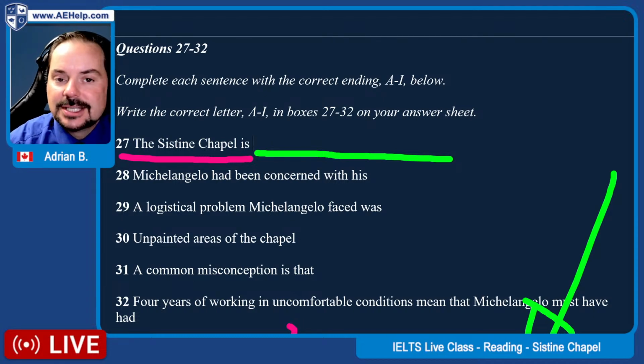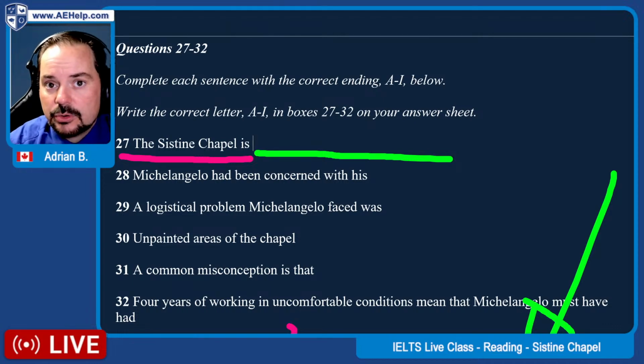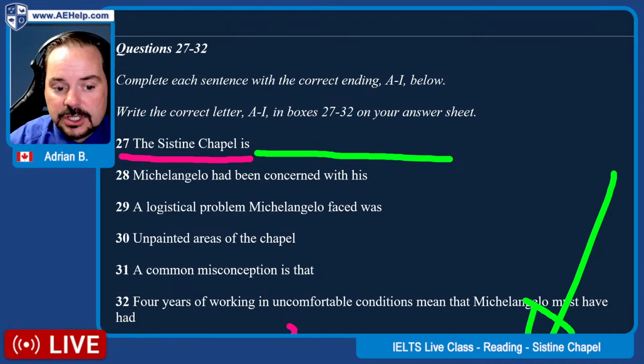No. The Sistine Chapel is not the painting. The painting is the painting. What does chapel mean, Fuang? Cathedral or a church. Exactly. So you shouldn't get this wrong. If you know that, you shouldn't be getting this wrong. So you know that it means church, right? So what is the Sistine Church?